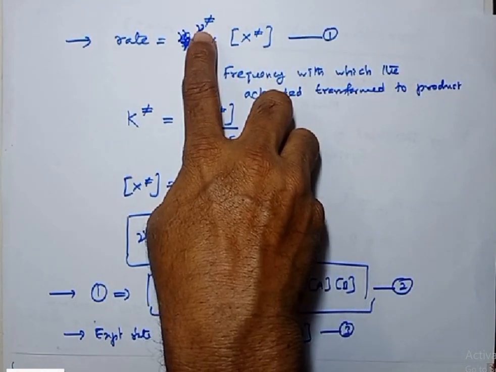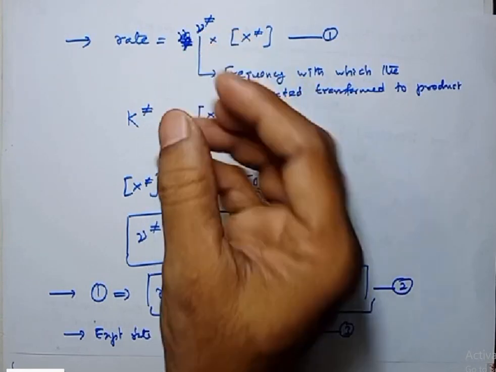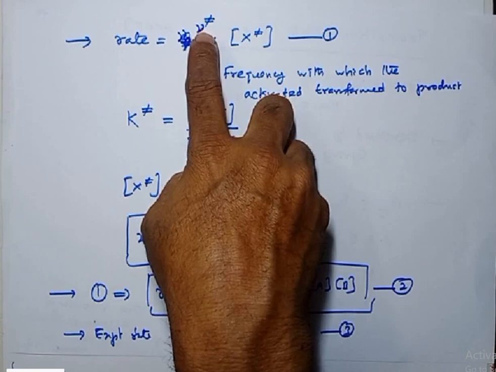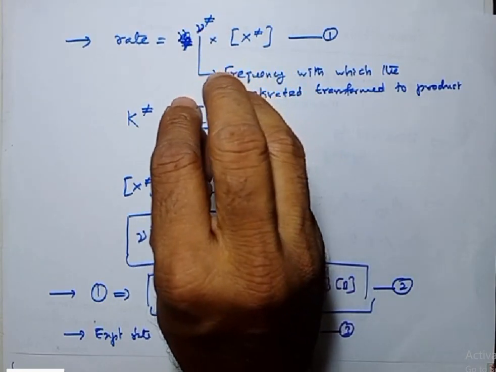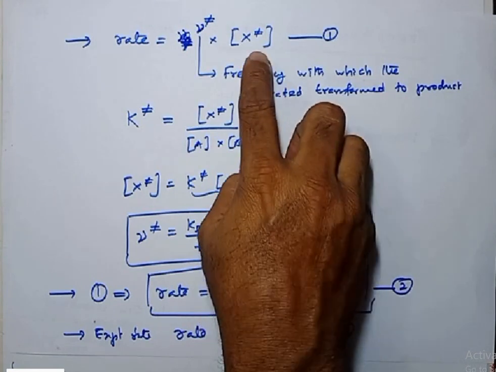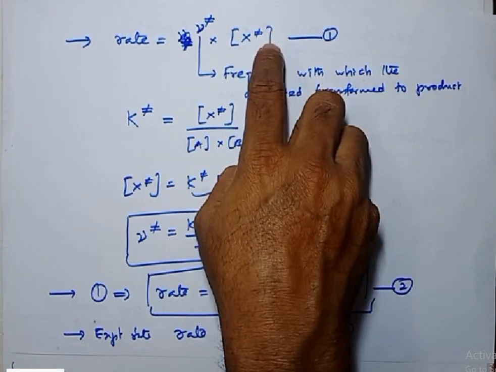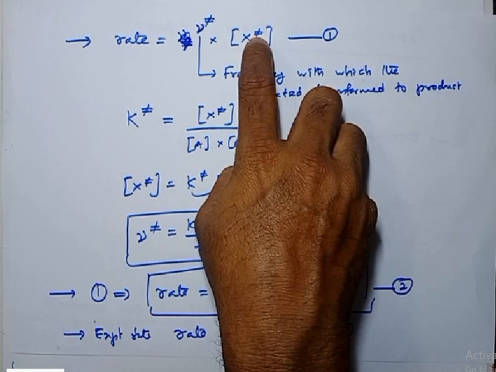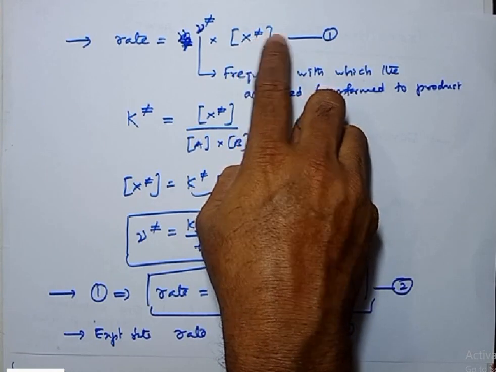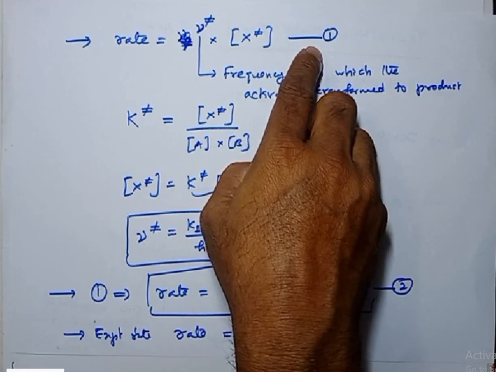This is one particular frequency, sometimes called the magic frequency. Through this magic frequency, the activated complex is transformed into product. And what is this X double dagger in square brackets? The square bracket containing X double dagger is nothing but the concentration of the activated complex. This is equation number 1.